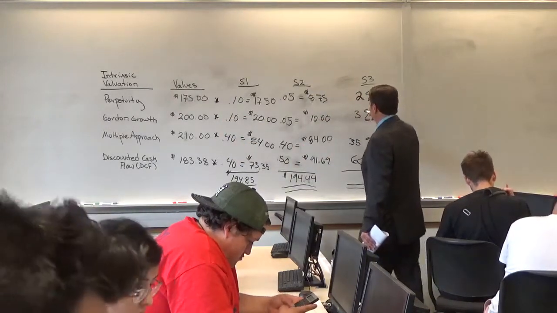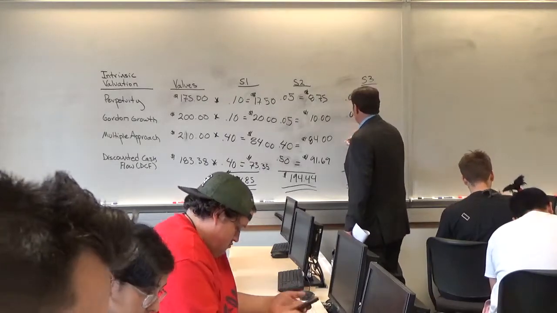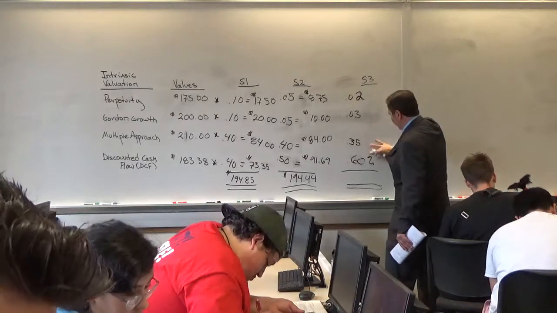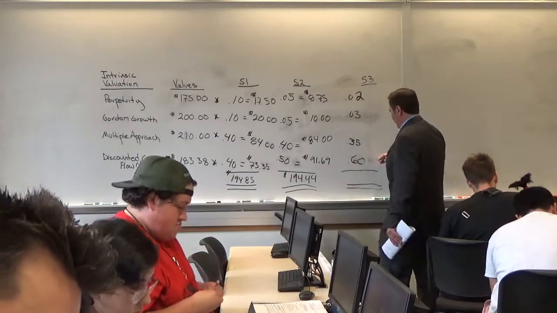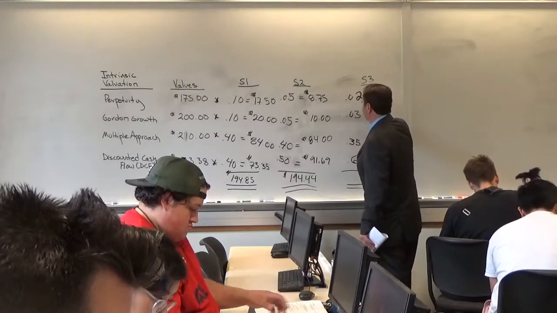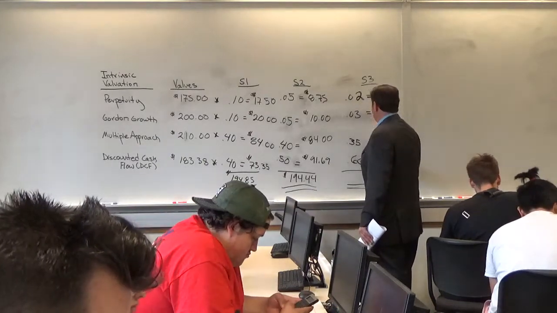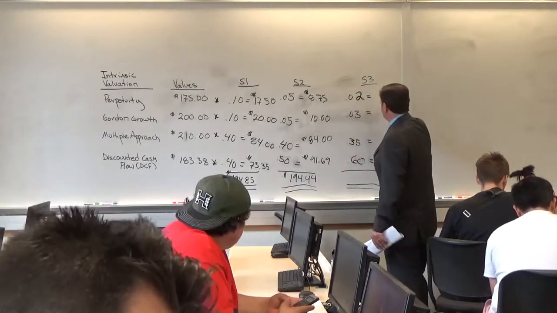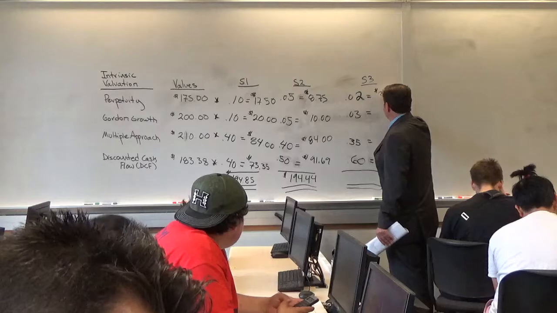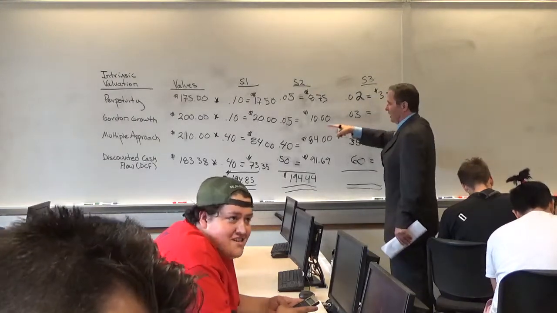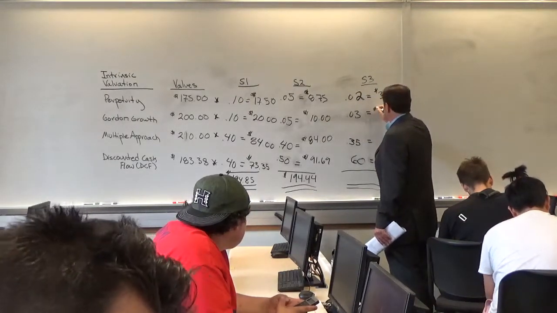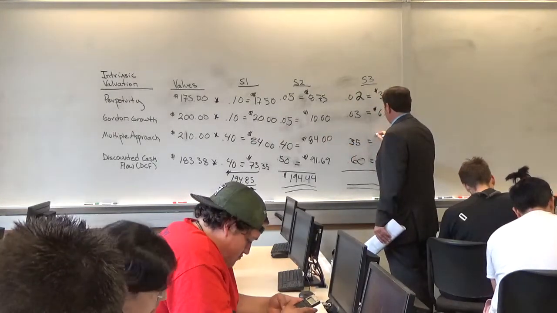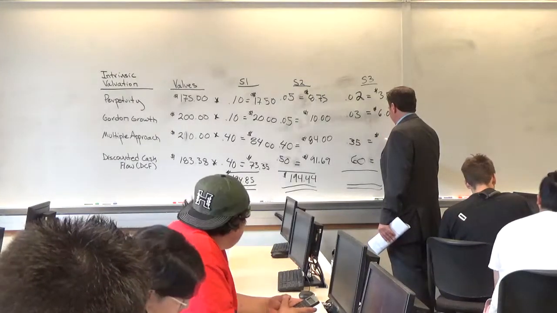Okay. And then let's do the third scenario. And that's when we gave a significant weight to the DCF. Okay. So what is 175 times 0.02? 3.5. Thank you. And then 200 times 0.03. 6. And then 210 times 0.35. 73.50.